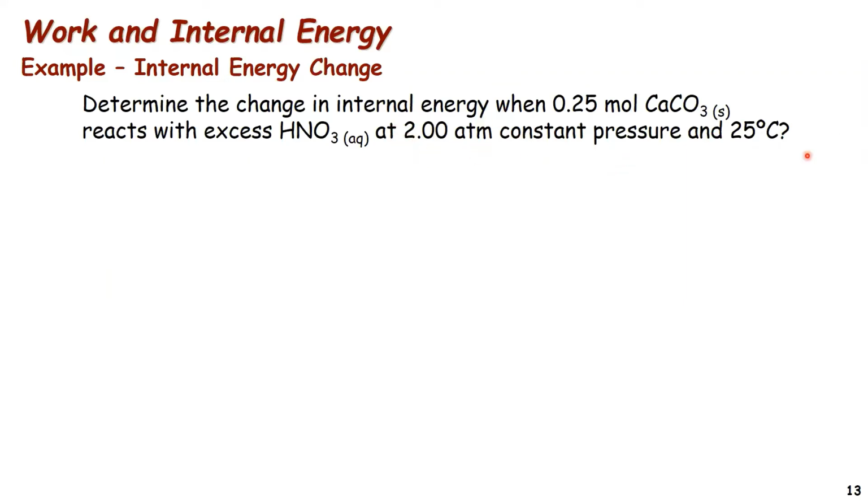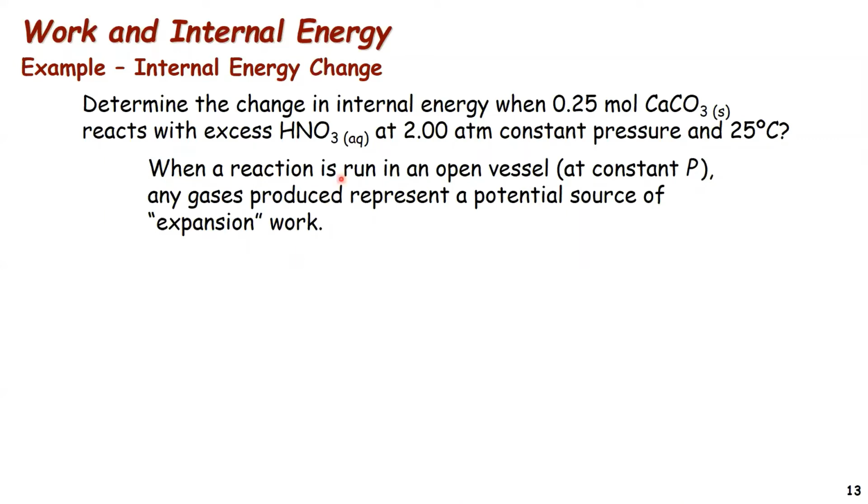Okay, and we have a temperature of 25 degrees Celsius. So we want to quantify the change in internal energy. When a reaction is run in an open vessel at constant pressure, any gases produced represent a potential source of expansion work. So this is one form of work. Any chemical reaction that produces a gas will produce expansion work.